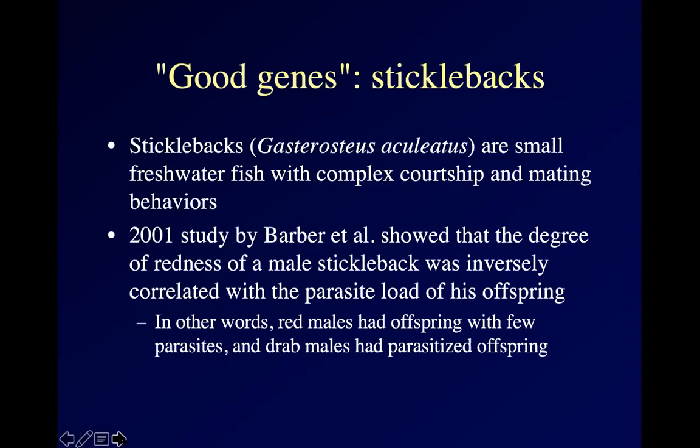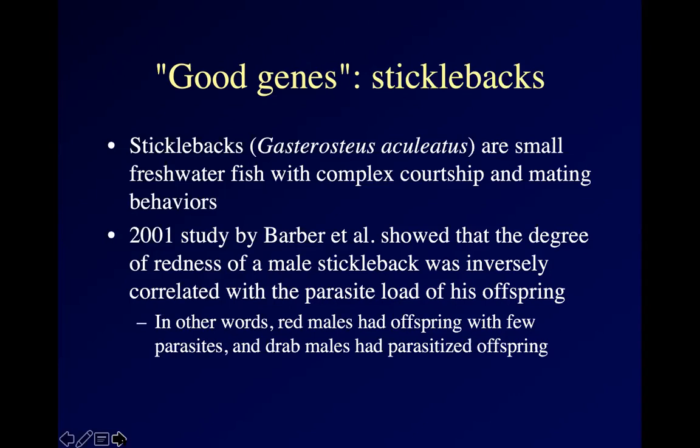And a study in 2001 showed that the degree of redness of a male stickleback was inversely correlated with his offspring's parasite load. There are some parasites, and you veterans of parasitology last semester might remember these because we saw some in Arkansas.